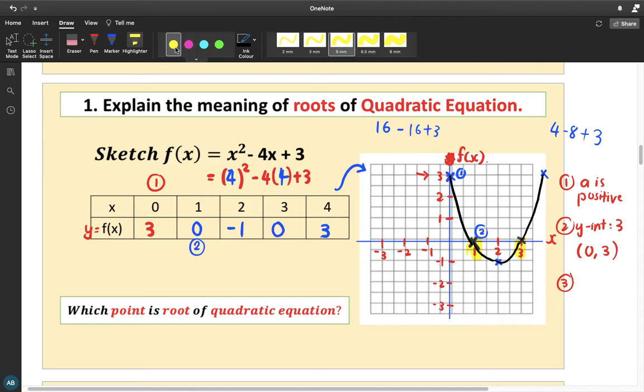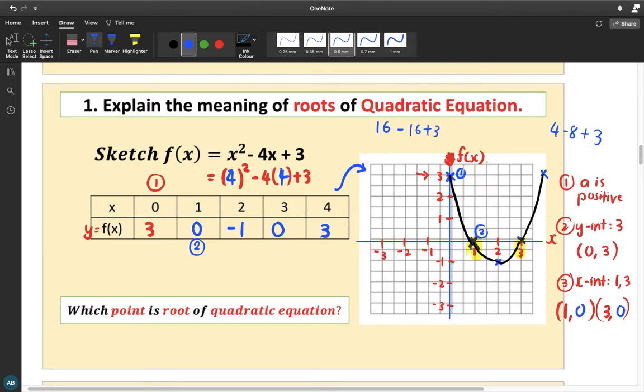So our x-intercept, x-int is 1 and 3. Okay, so tadi kalau kita kata y-intercept, x sentiasa kosong. Kalau x-intercept terbalik pula. Dia punya x is something and the y is always 0.